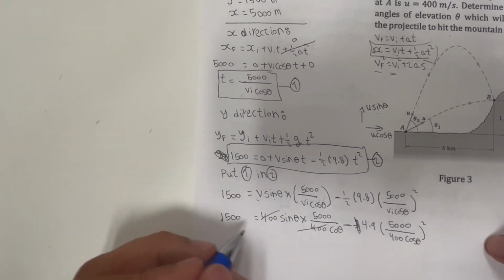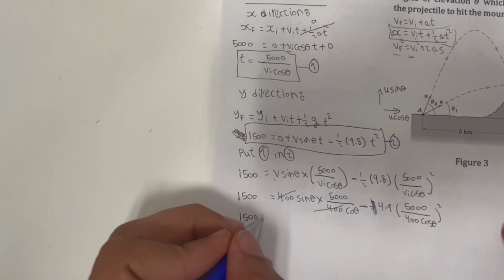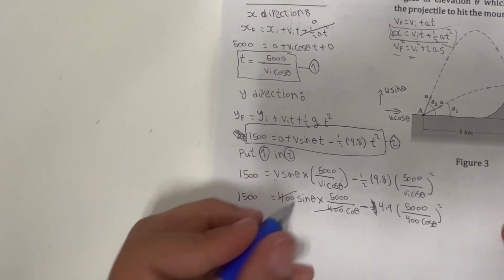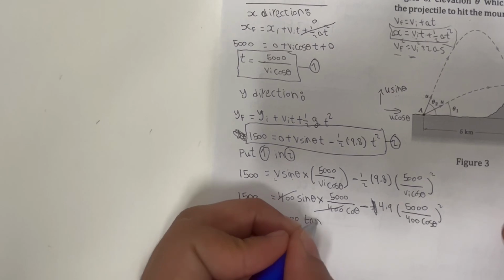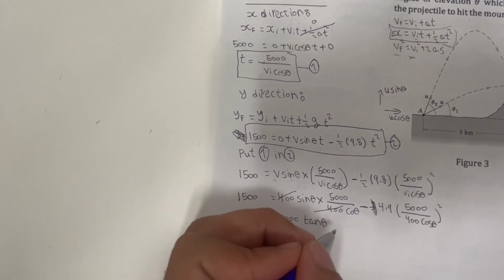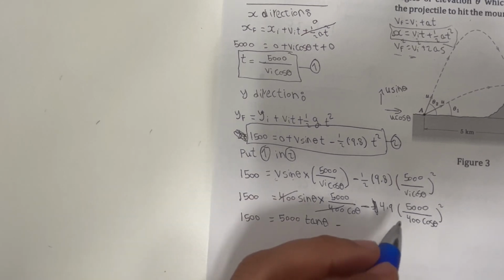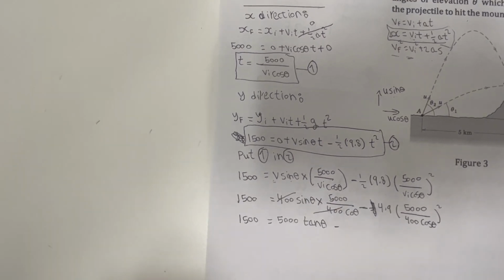Awesome. All right, so let's try to simplify it more. Sine over cosine is tangent, right? So 5,000 tan theta. That looks good to me. Minus, and here we're going to use the calculator, easier for you. You just make 4.9 multiplied by 5,000 squared over 400 squared.